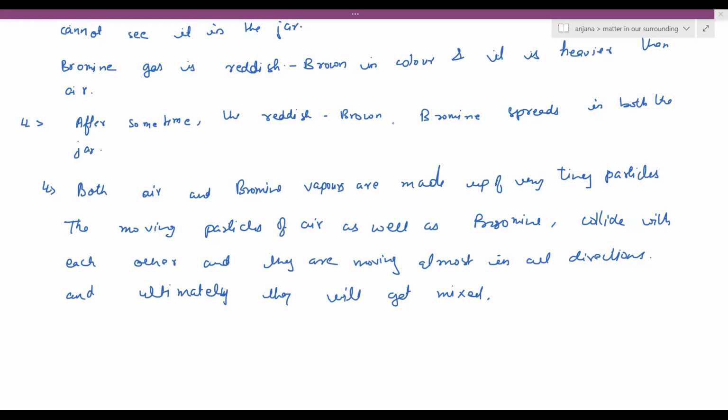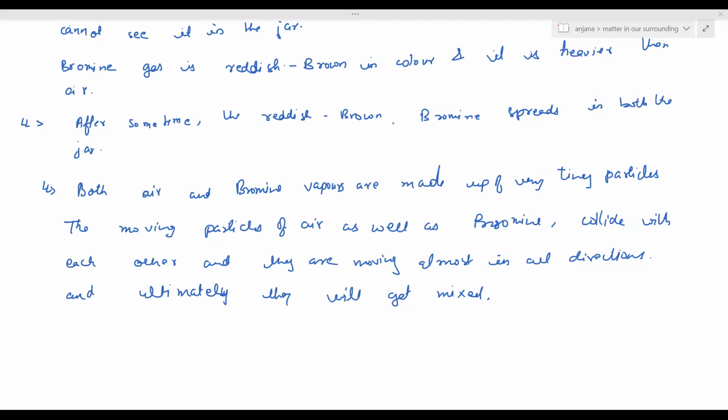Isn't any gravitational pull applying on these tiny gas particles? What is happening here? Diffusion is happening, of course, but why is it moving? If it is heavier than air, why is it moving?